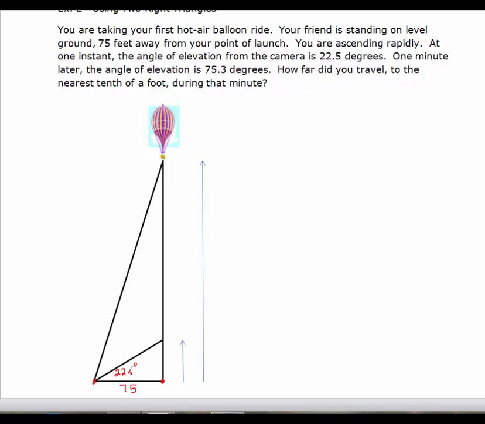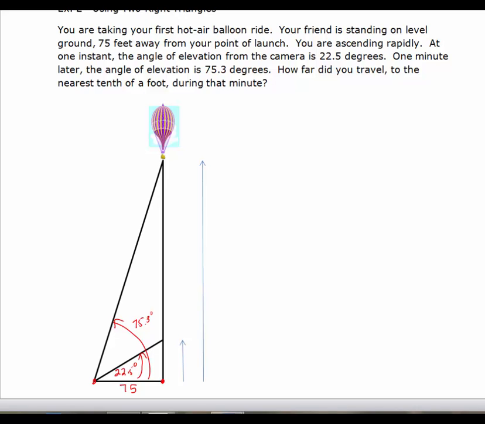Then a minute later, the angle of elevation is 75.3 degrees. So now this first angle is measured from here to here. The next angle is from here up to here. That's going to be your 75.3 degrees. The question is, how far did you travel to the nearest tenth of a foot during that 1 minute?